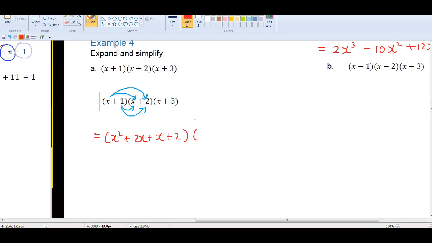Of course you need a bracket for it, otherwise it's not the whole thing times x plus 3. Without that bracket it is wrong. Can you see that? If you write without this bracket, then only the 2 gets multiplied by x plus 3. But what really happens is the whole thing should be multiplied by x plus 3.